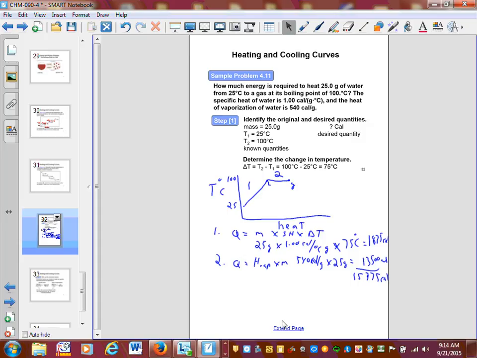Well, if you ignore the transfer of heat from the pot and we're just talking about water, instead of 25 degrees C, which would be room temperature, if you had hot water from the sink, maybe 40 degrees Celsius, then your delta T for the first step, instead of being 75, would be 55. So this part would be lower. But you can see this part right here, 1,875 versus 13,500. It's not significant.